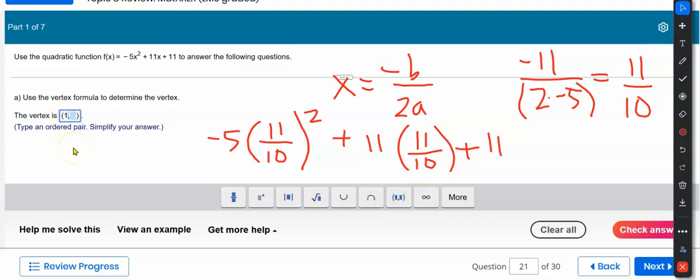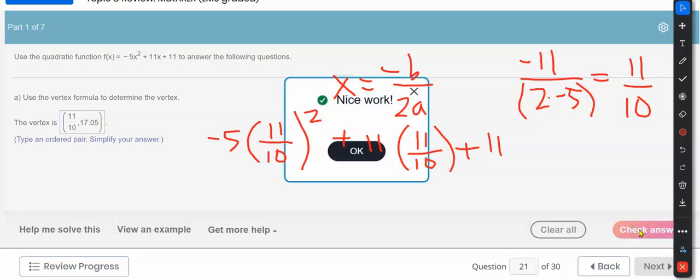Now the first one, 11 over 10. What'd you get for the second part? 17.5. Did you mean 0.05? 0.05. All right, let's see if it takes my answer here, because it's got a fraction and a decimal mixed. Hey, it did. Sometimes it wants only decimals or only fractions, so I didn't know what it would do there.